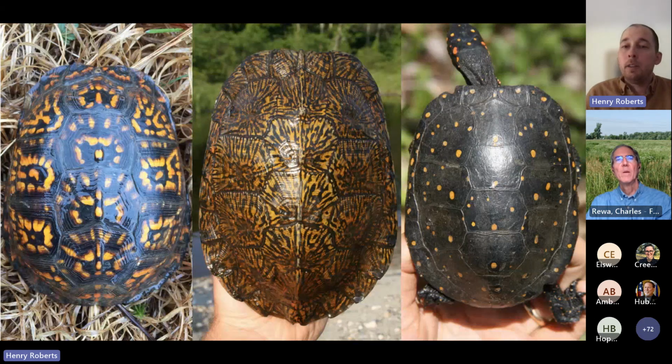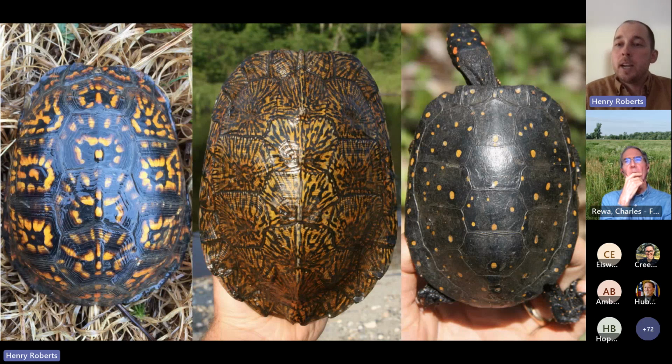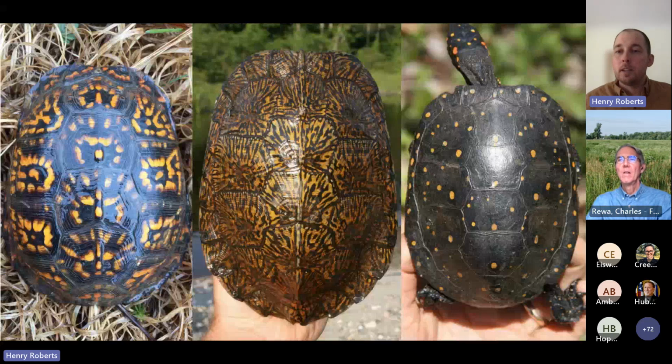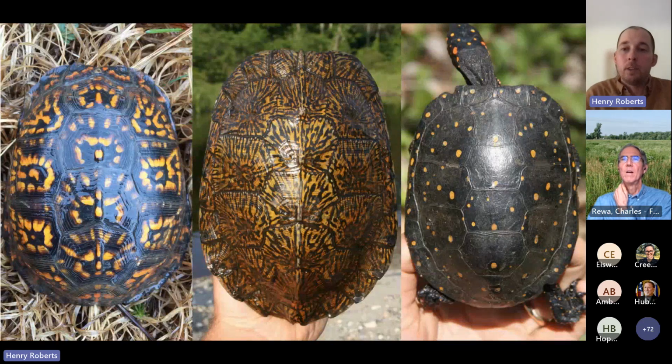A lot of our techniques are focused on fencing and directing turtles towards culverts when we can. One of the big challenges is that although turtles are slow, they sometimes use very expansive areas and can move quite a bit. So you can never really fence the entire road where a population exists, although you can identify hotspots and in some cases effectively manage for those crossing areas.